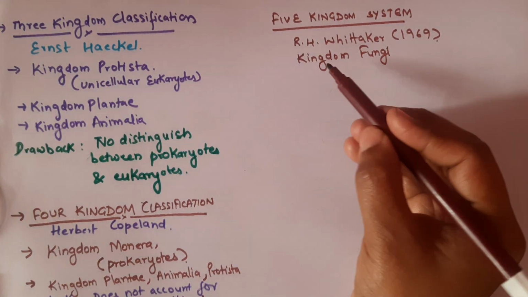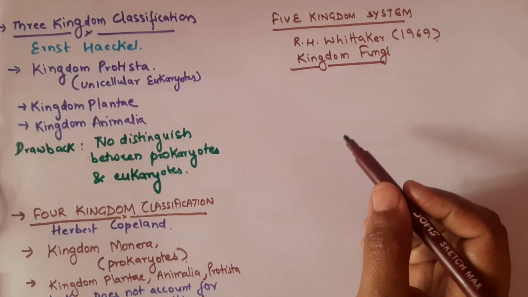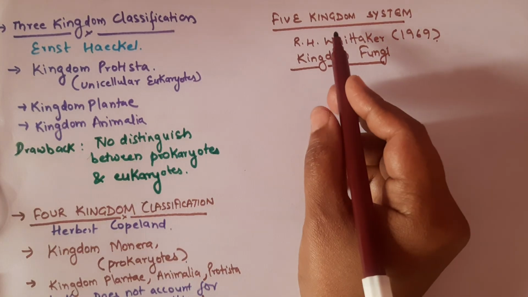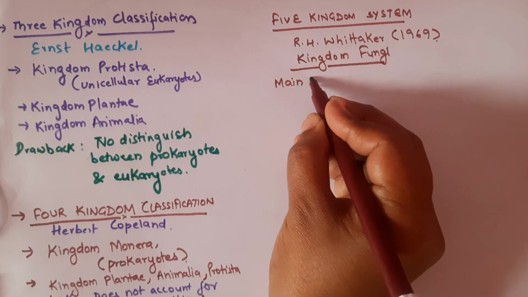So a new kingdom, kingdom Fungi, was included. Then the main criteria for the classification in the five kingdom system. So what are the main criteria?